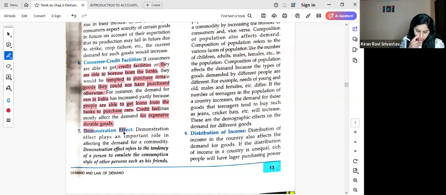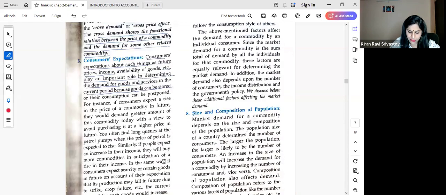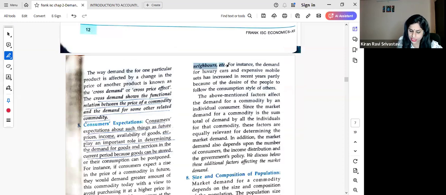What is the demonstration effect? The demonstration effect refers to the tendency of a person to emulate the consumption style of other persons, such as friends or neighbors. In other words, I can call it the show-off effect. The quantity demanded might increase because of this.